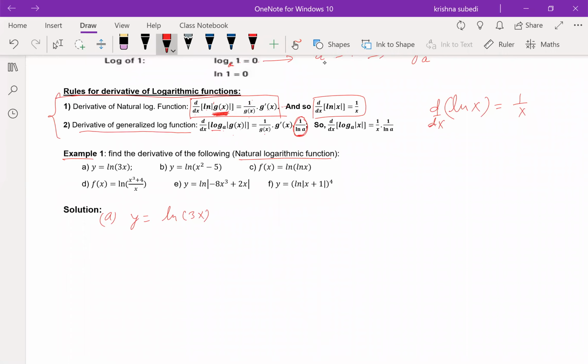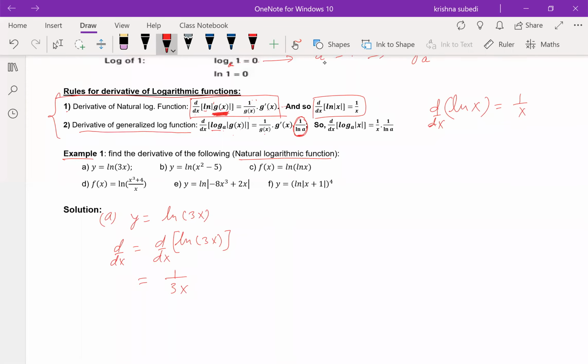So your derivative d over dx will be d over dx of ln 3x. Using rule number 1, what you get here is 1 over g of x. So that gives me 1 over 3x.